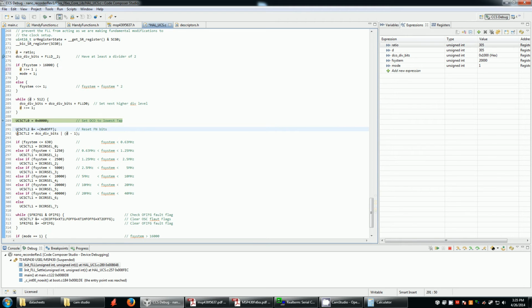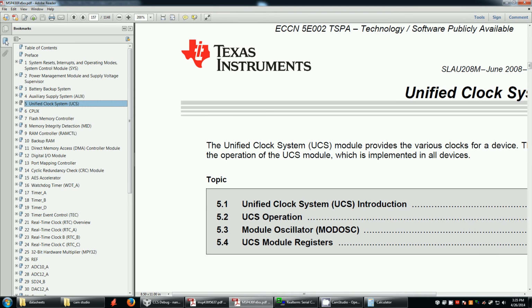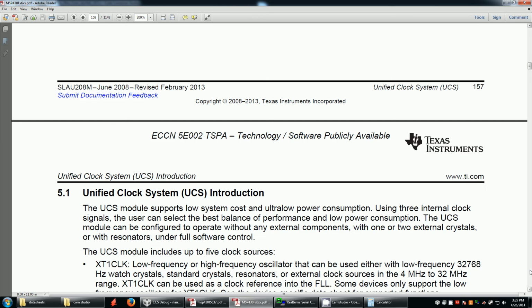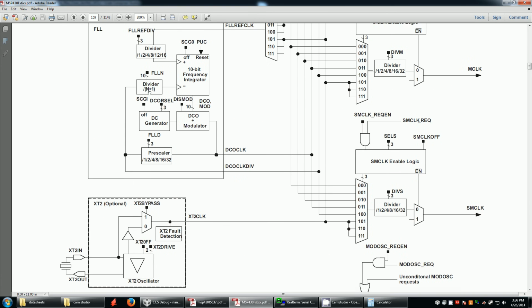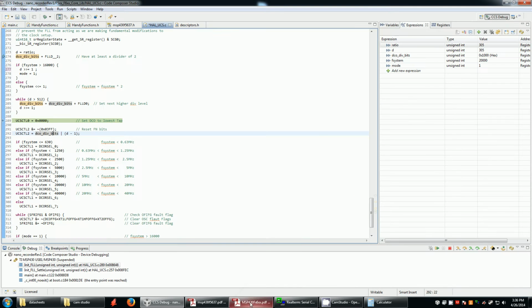So now here's where we configure our FLL division. We've got DCO division bits and D. And so remember, DCO division bits is, go back to the diagram, DCO division bits, that's this prescaler, and D is this value. So really this whole function is just trying to figure out how to load these two dividers, the prescaler and the n+1 divider.